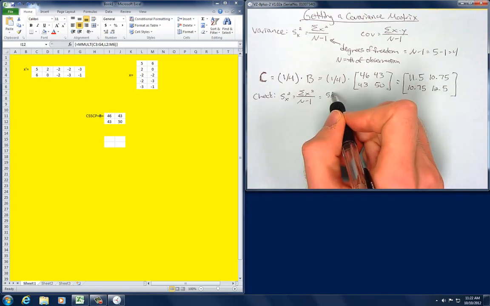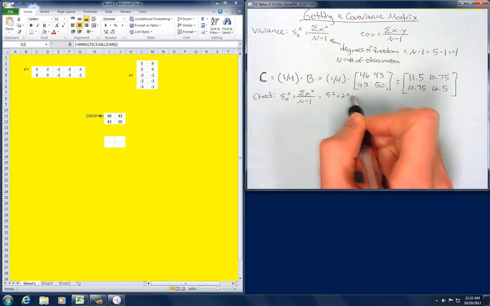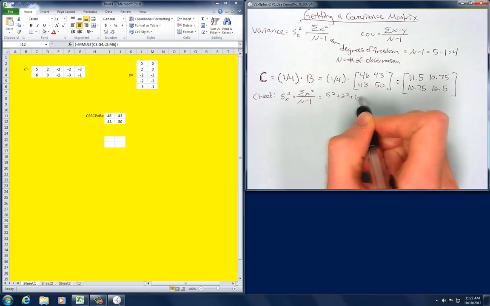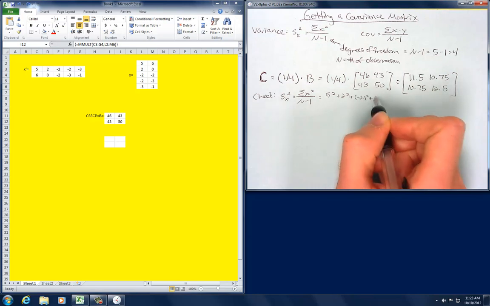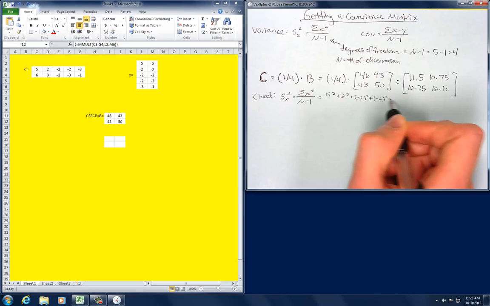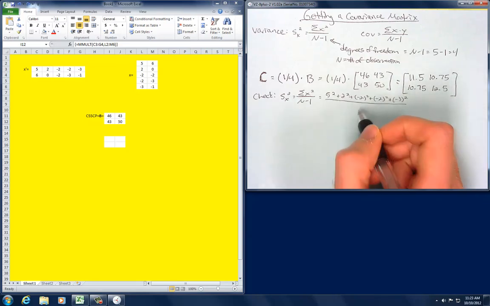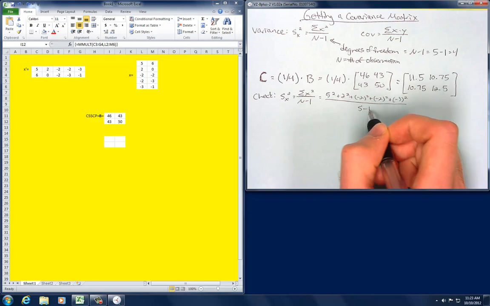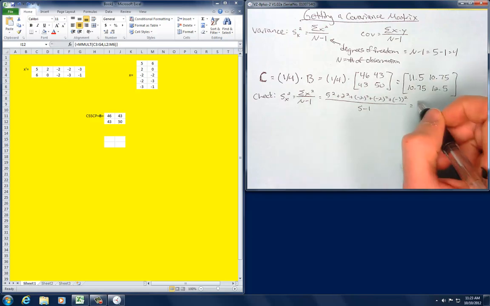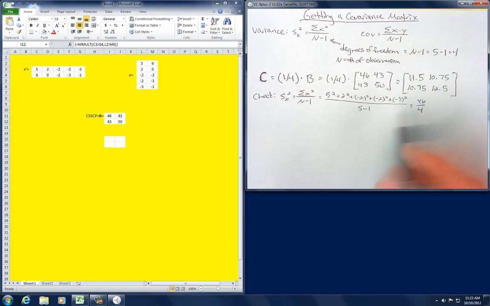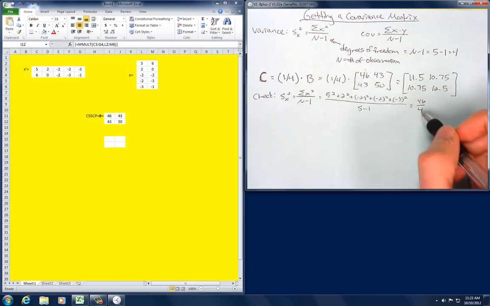So we get 5 squared plus 2 squared plus negative 2 squared plus negative 2 squared plus negative 3 squared over our degrees of freedom, 5 minus 1. So that will turn out to be 46 over 4. Remember, 46 over degrees of freedom 4, and we get 11.5. So that matches with that one.